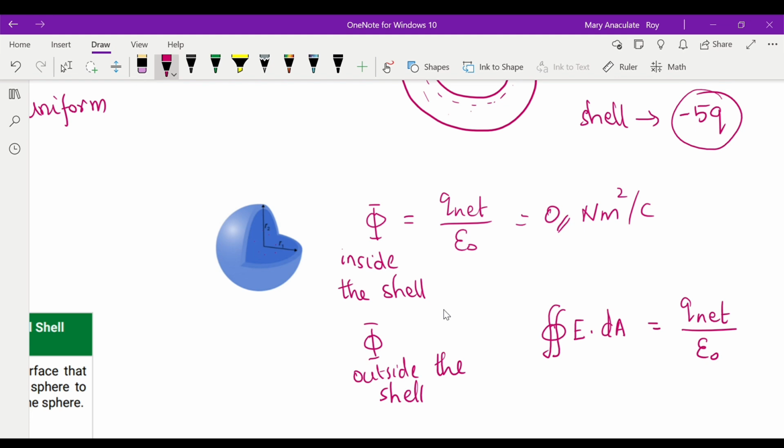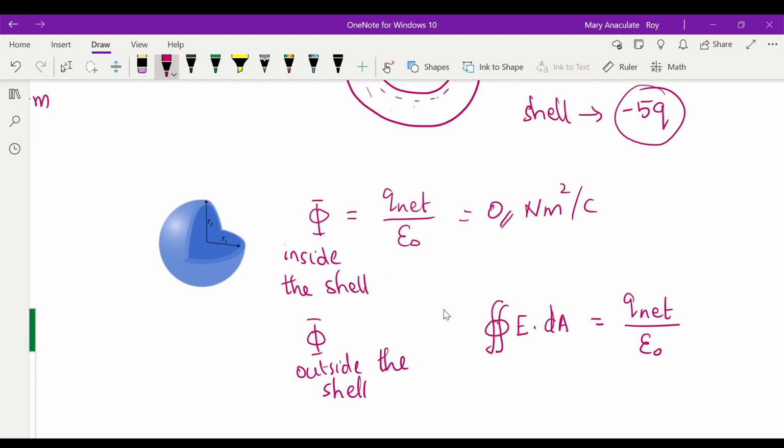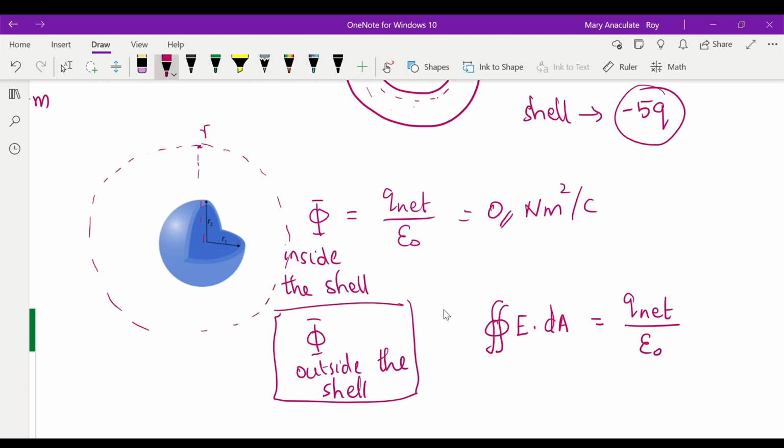I've given you the formulas required to remember for such situations, and you will have them in the formula sheet, but you should know which formula to pick up and apply correctly. So we are talking about outside the shell, right? We choose a point, say at distance r, outside the shell. We choose a Gaussian surface, which is also spherical and encloses the shell, and the shell has an even charge distribution.